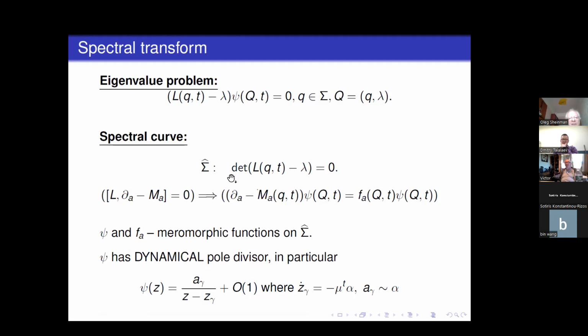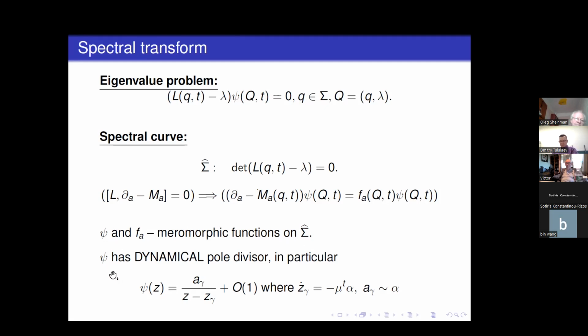Hence psi, the eigenfunction of L, is also an eigenfunction for d_A minus M_A with some different eigenvalue, which I denote, also following Krichever, by f_A. Psi and f_A are meromorphic functions on the spectral curve. Psi is a vector function, f_A is a scalar valued function.